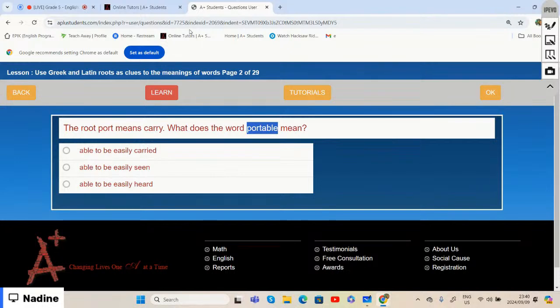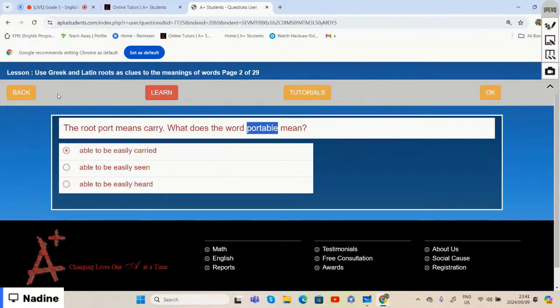All right, and if we were to choose the correct meaning of the word portable, if port means to be carried, then the meaning is, yes, portable means able to be easily carried.